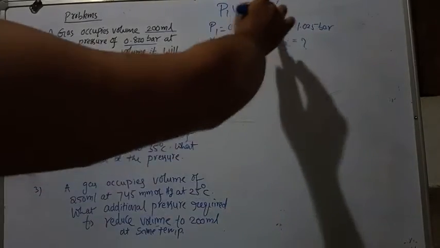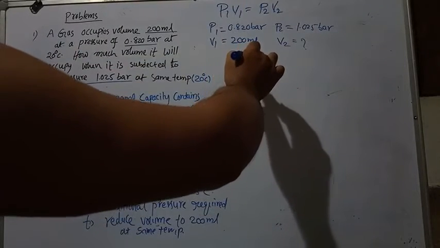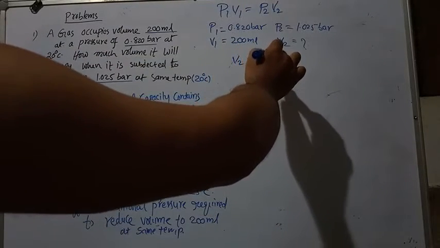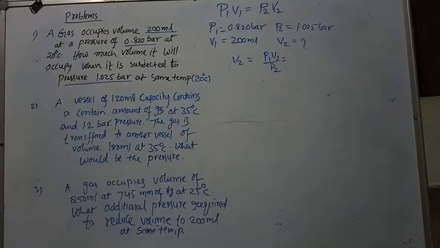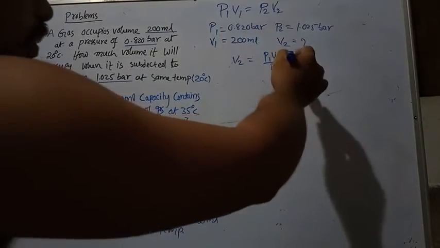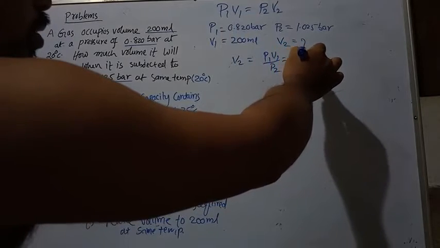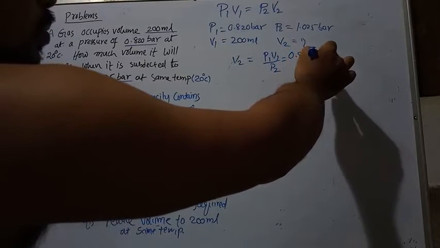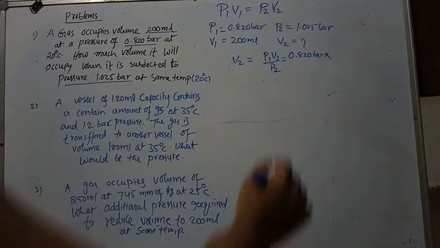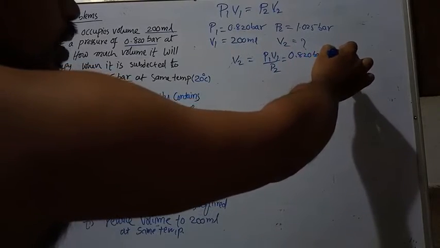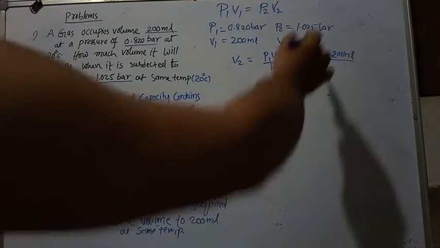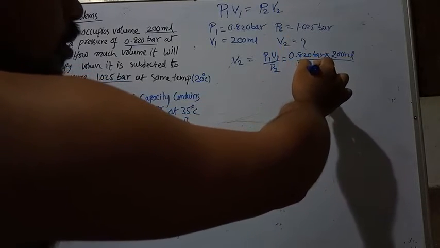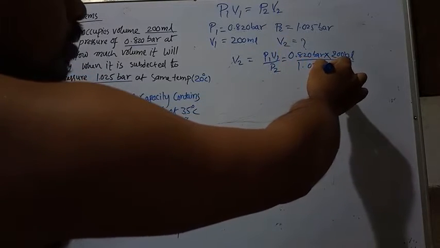So from this relation, V2 will be, what happens? P1 V1 by P2. Substitute in that. So P1 means 0.82 bar, V1 is 200 ml, by P2, 1.025 bar.